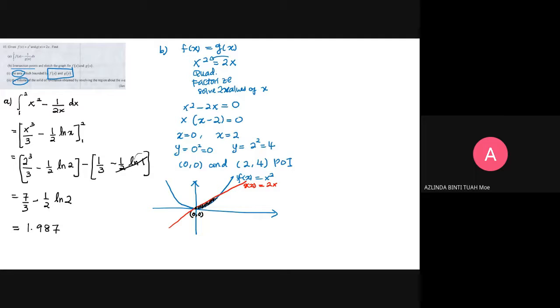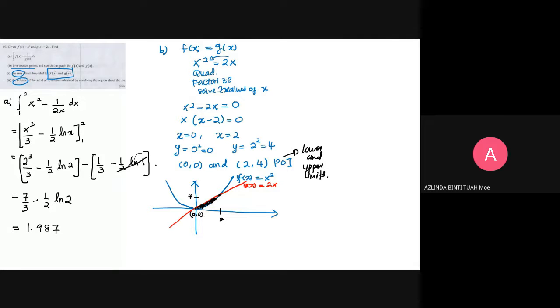Di penghujung bounded region yang sebelah lagi adalah point of intersection yang kedua, (2, 4). Kedua-dua point ini akan menjadi upper limit dengan lower limit bagi bounded region tersebut. So sebab tu pentingnya kenapa kena cari point of intersection dulu sebelum lukis graph untuk cari bounded region. Once again, point of intersection ini akan menjadi lower and upper limit.